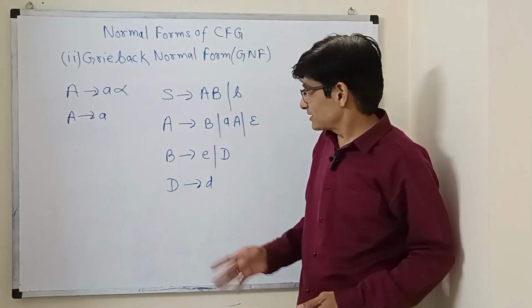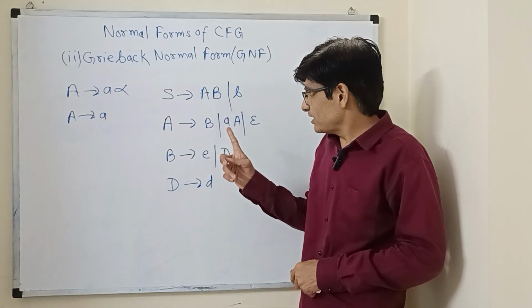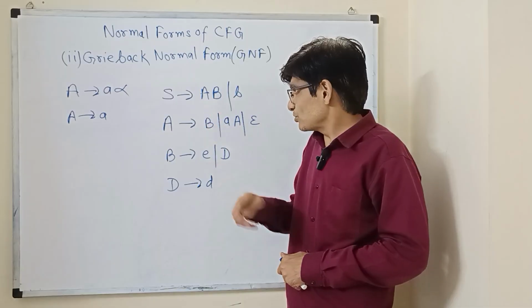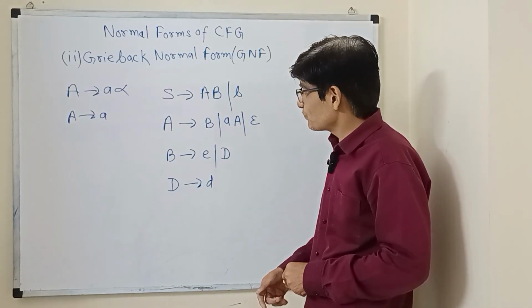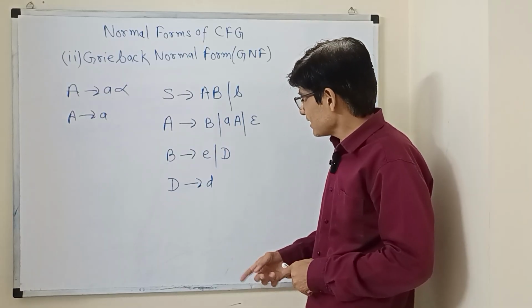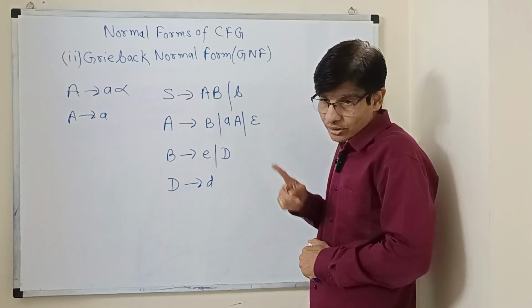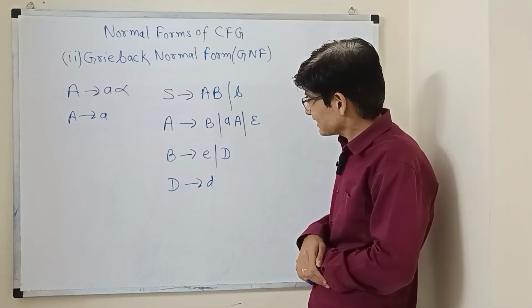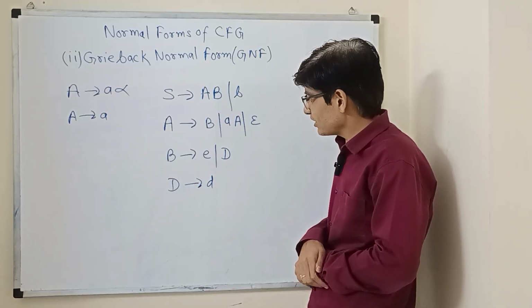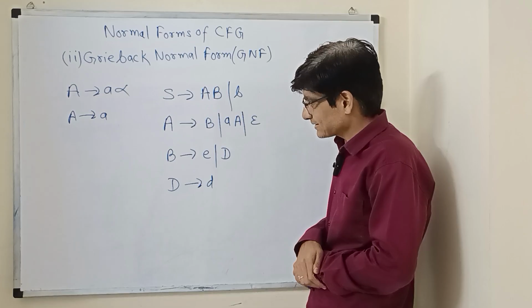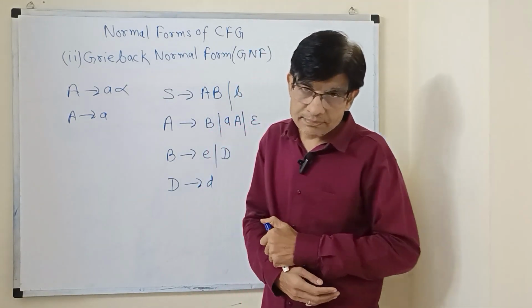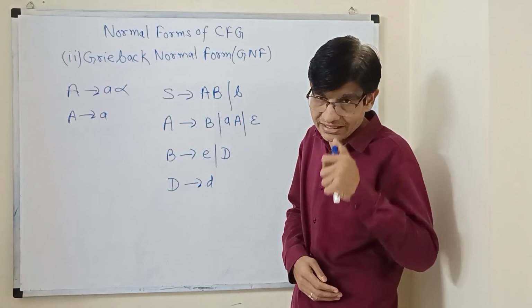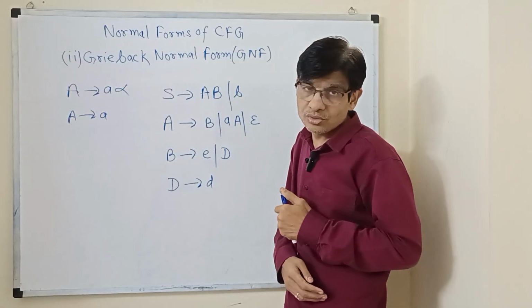Now friends, this is one example grammar, and in this particular grammar there are four terminals and four variables, and this grammar also has one epsilon production and two unit productions. So first we need to remove both epsilon production and unit production, then we can convert this into GNF.